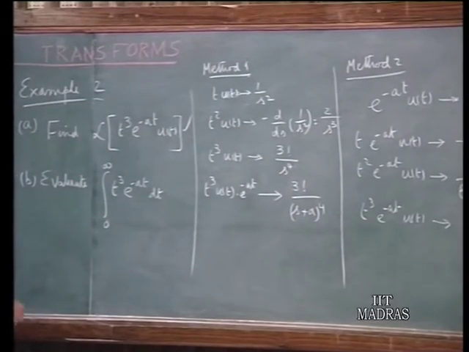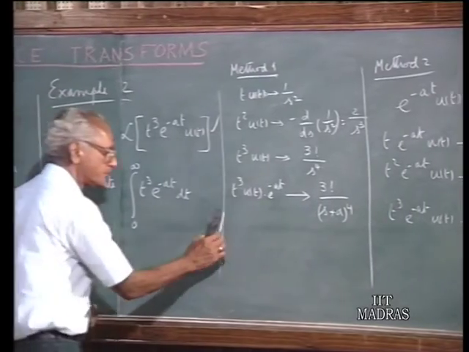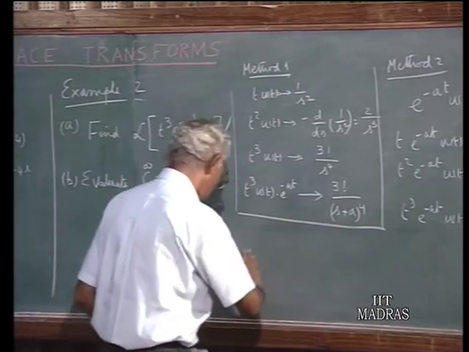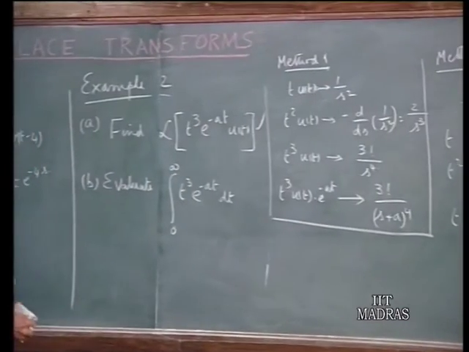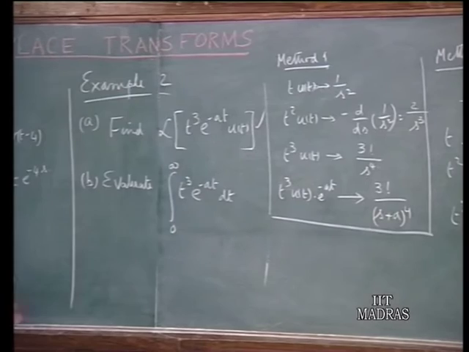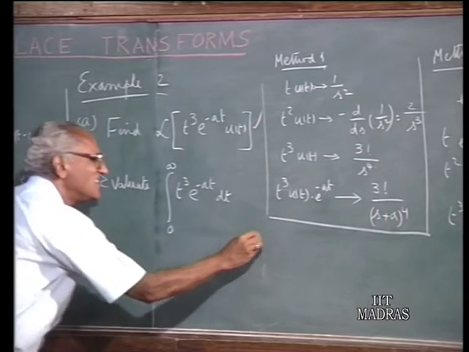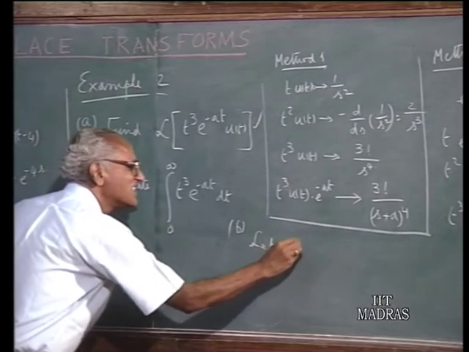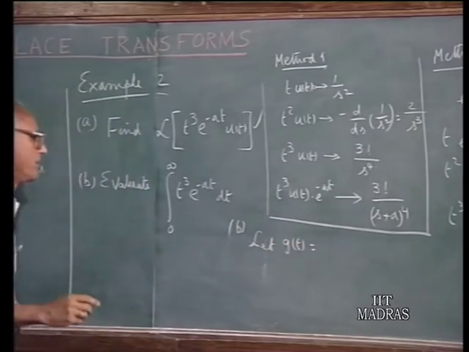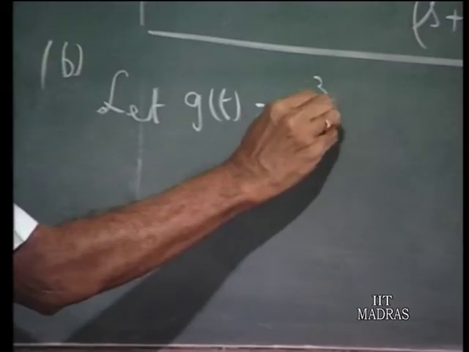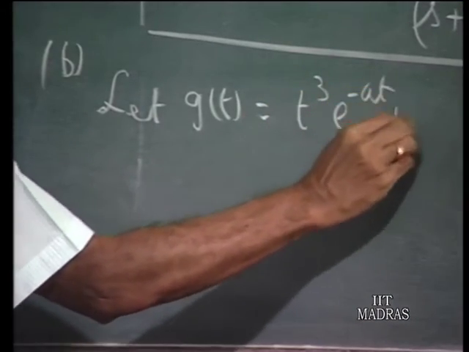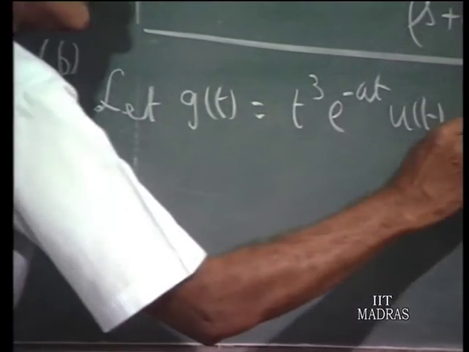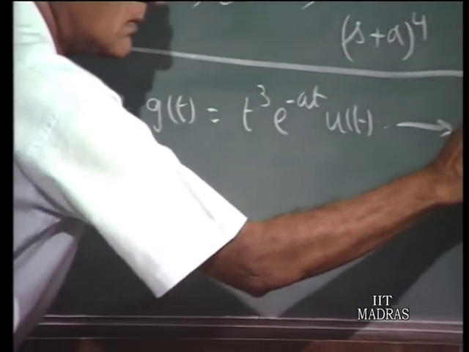Now, for the second question, let g(t) be t cubed e to the power of minus a t u(t). It has the Laplace transform, let us say G(s), which is this.